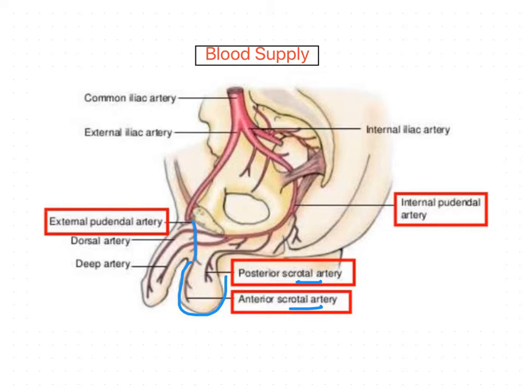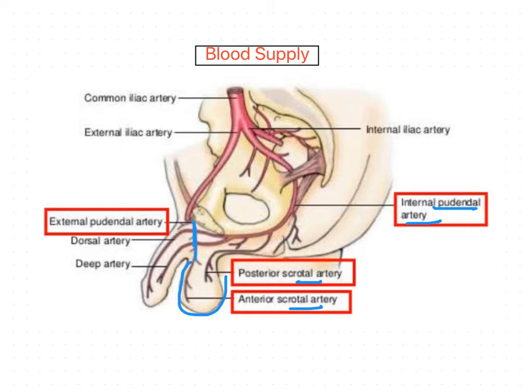So what are the branches again? The superficial external pudendal artery and the deep external pudendal artery, both from the external pudendal artery.